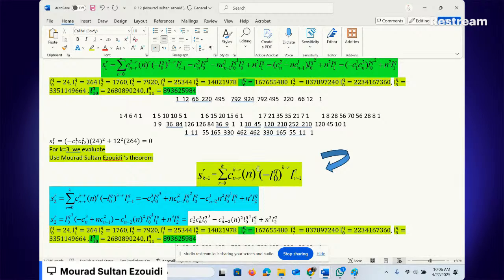This is your occasion, your chance to understand how polynomials to the power n work, and how solving an n-degree polynomial equation has to be done only by finding its new n-degree polynomial equation by the theorem of Mr. Murat-Sultan-Ezouidi. Here I'm going to dive into the structure and put k equal 3. I will obtain this formula.